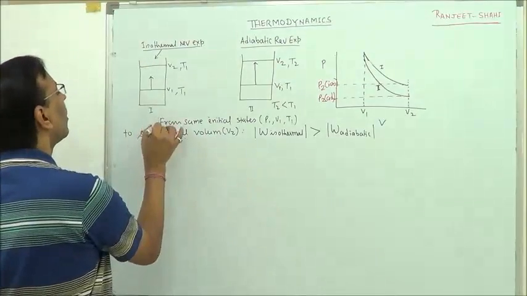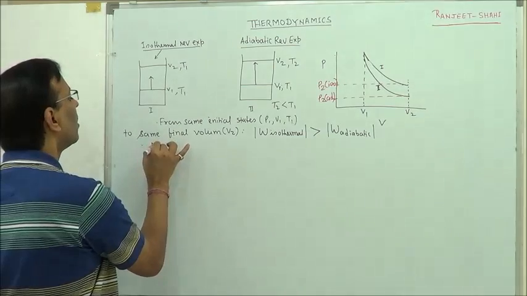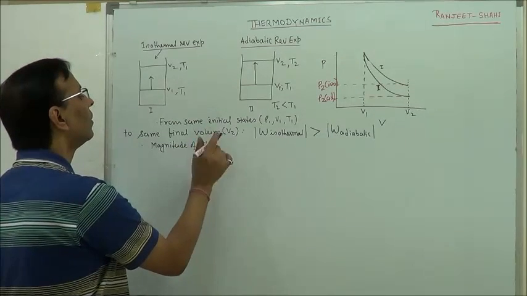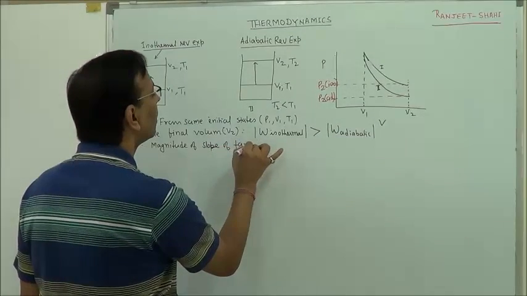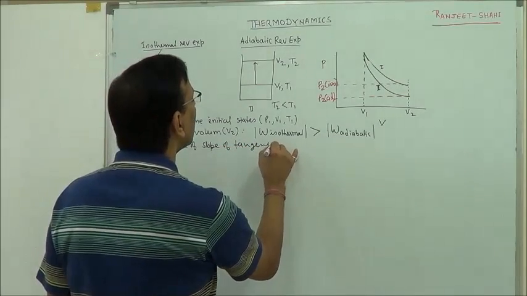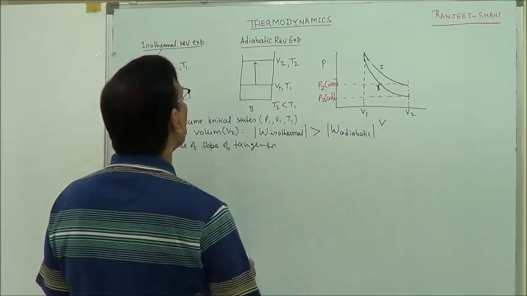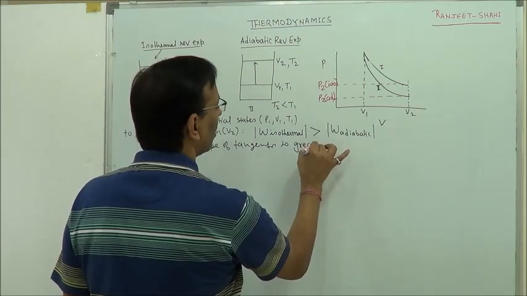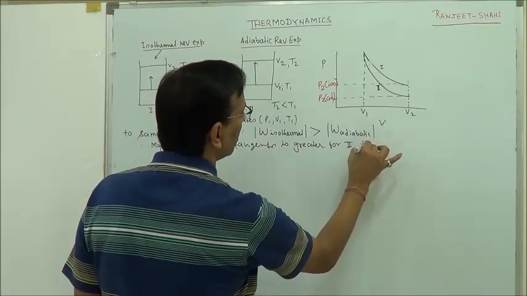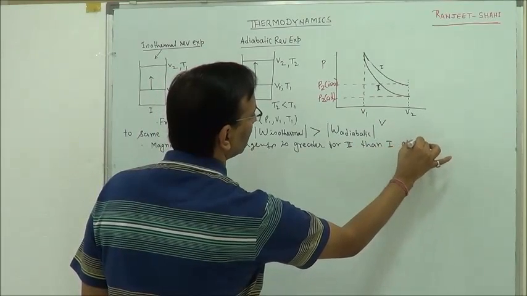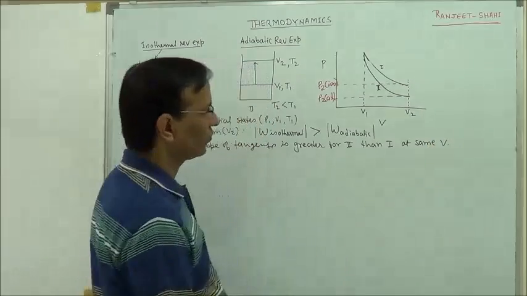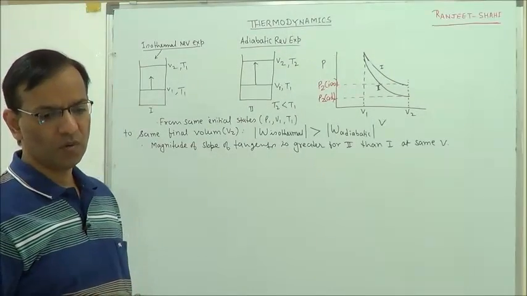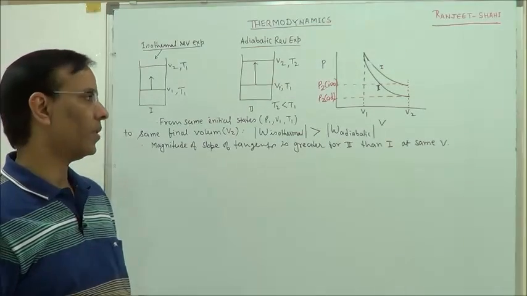So we can say that the magnitude of the slope of tangents is greater for 2 than 1 at the same V. Meaning at the same x coordinate, if we find the magnitude of the tangent on the two curves, it will be more for the adiabatic process than for the isothermal process.